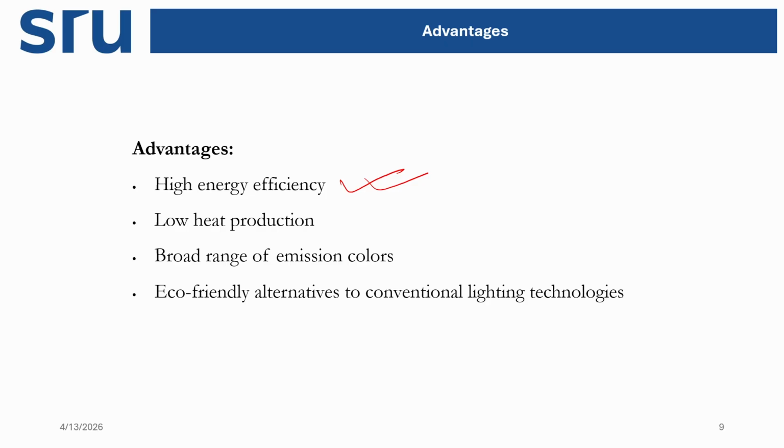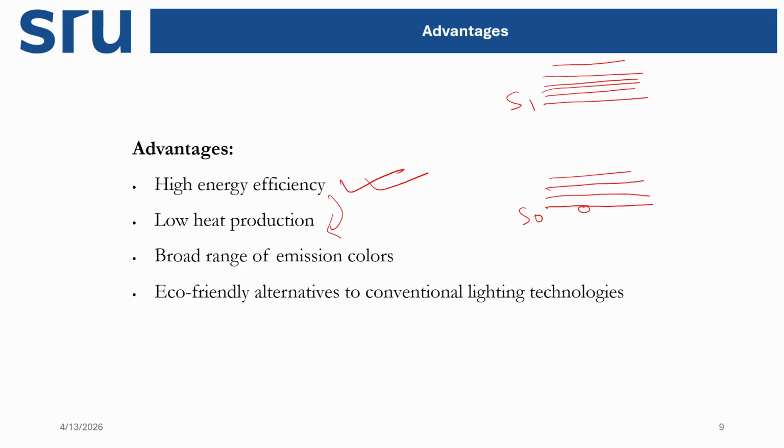Low heat production: because of high energy efficiency, we have low heat production. For example, let's say this is our ground electronic state S0, and this is S1. Here an electronic transition takes place up to here.